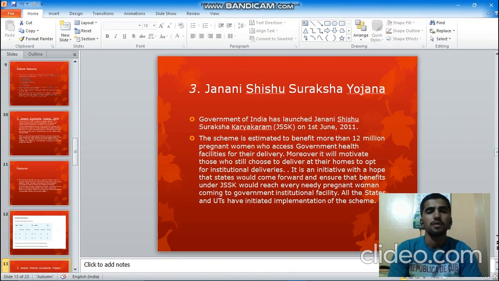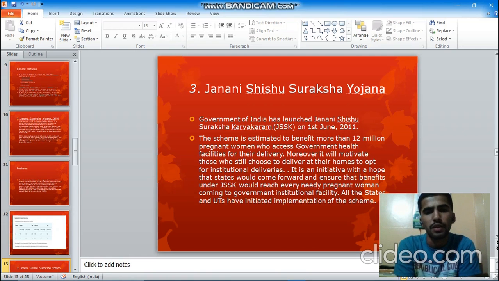we have one more policy that is launched by the government of India, and that is Janani Sishu Suraksha Yojana. The government of India launched Janani Sishu Suraksha Karyakaram on 1st June 2011. The scheme is estimated to benefit more than 12 million pregnant women who access government health facilities for delivery.